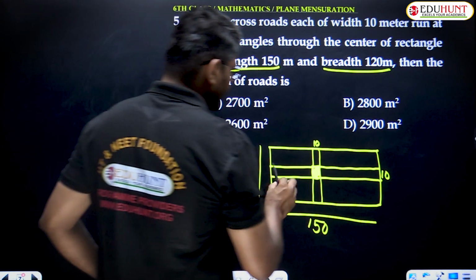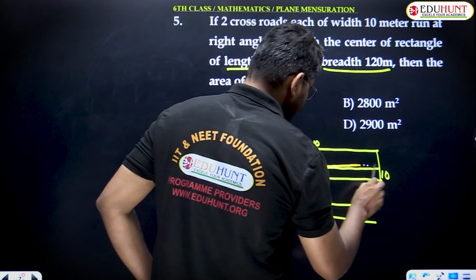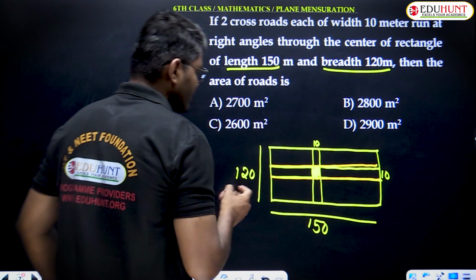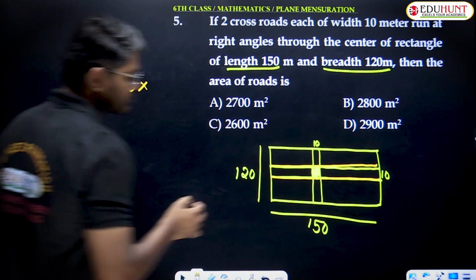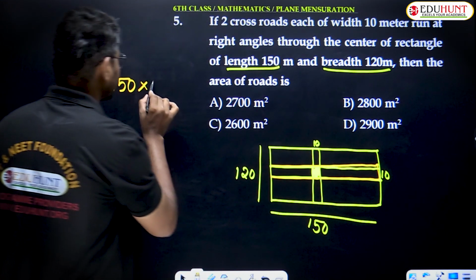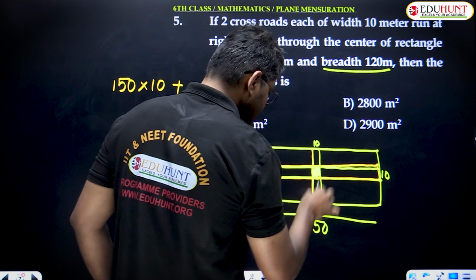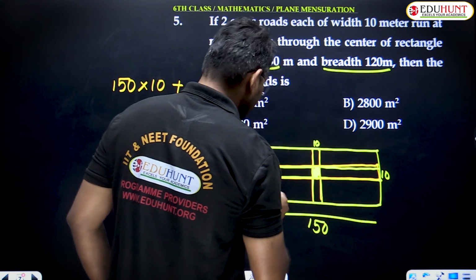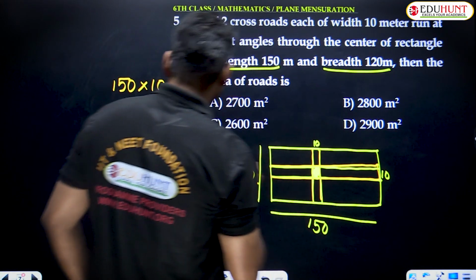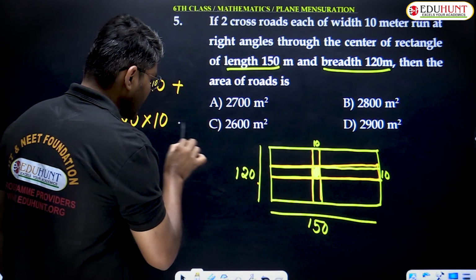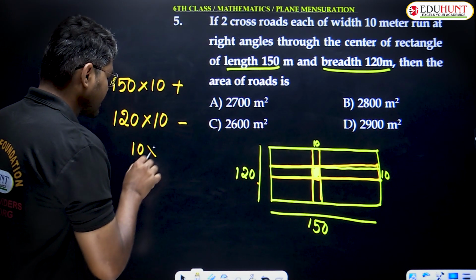Okay, that we have to remember. So let's take this one first. The length is 150 into breadth 10, plus, now take this one, length 120 into breadth 10, minus, it is calculated 2 times, so we have to subtract that area, 10 into 10.